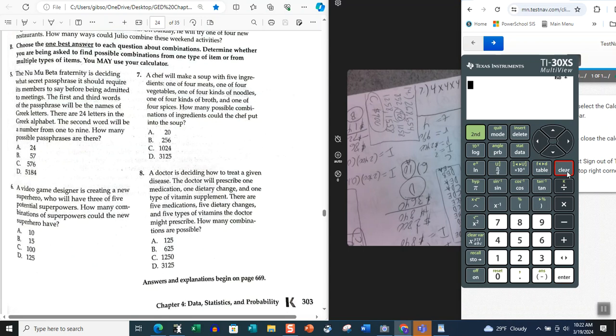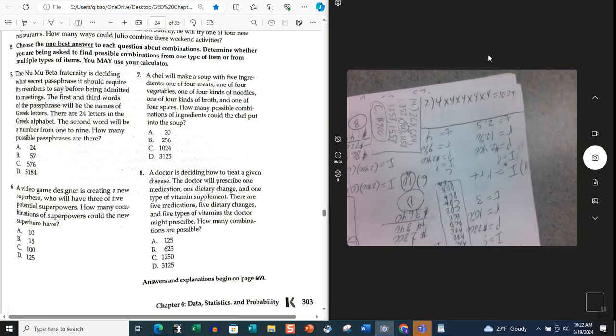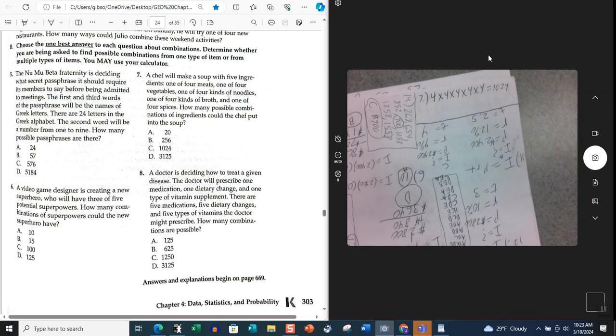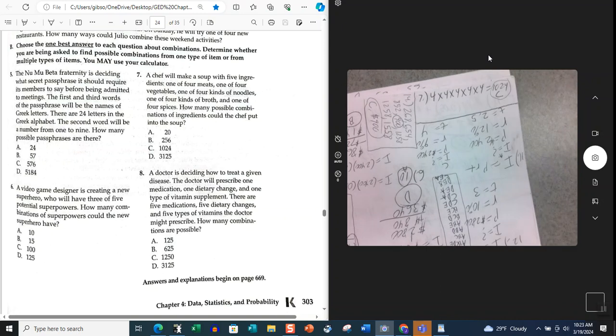So let's do that. We'll do 4 5 times. And that would give us 1,024. So 1,024 is the final answer. And if we notice here, that's C. So our answer is 1,024, but it's the letter C.